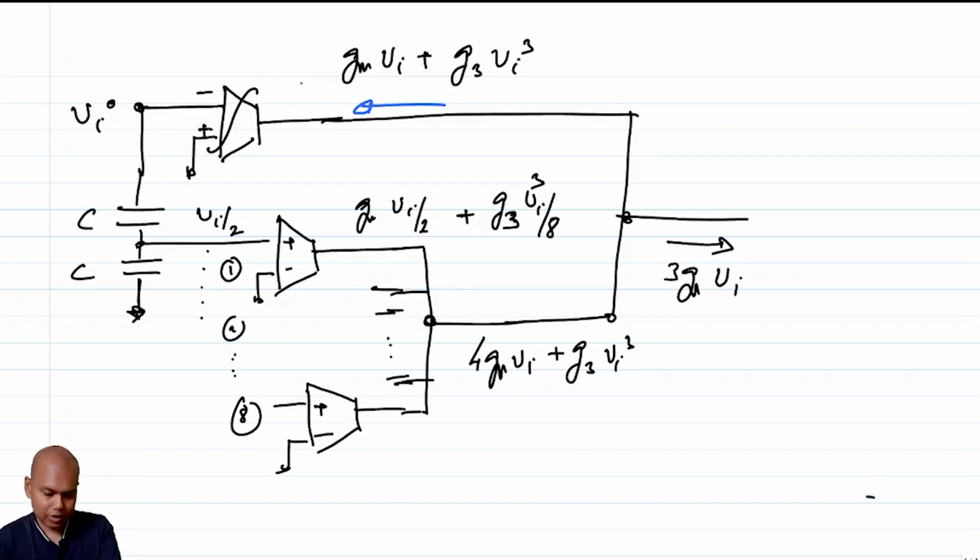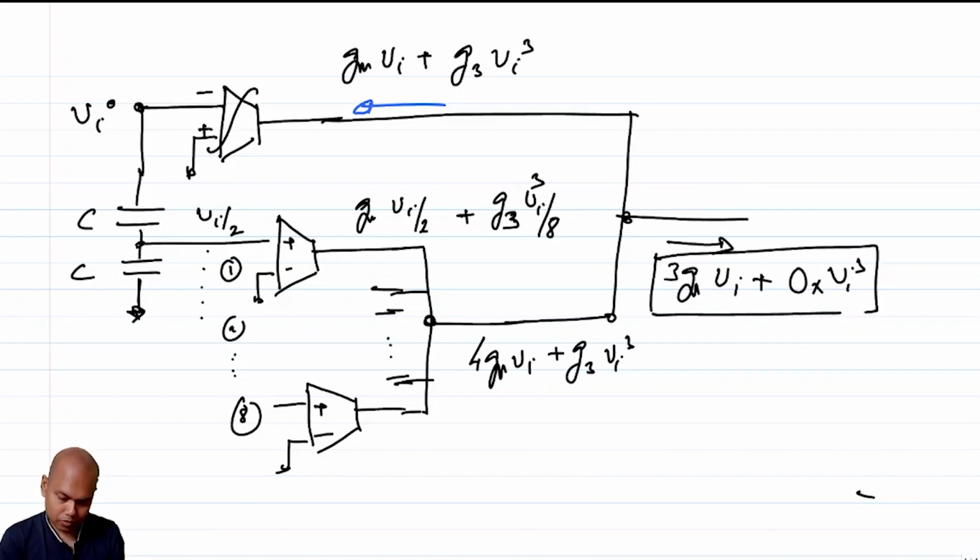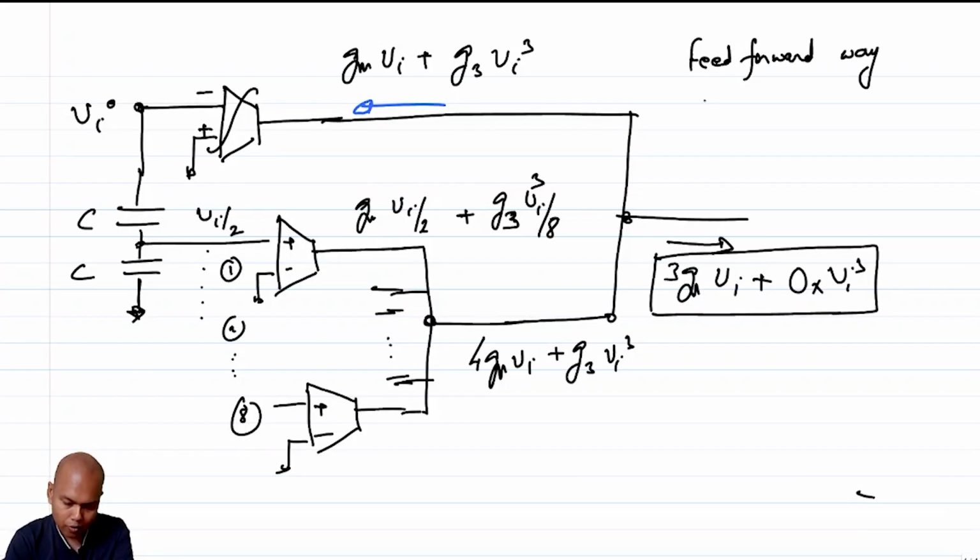So this has no distortion terms, right? 0 times Vi cube. No third order distortion term, right? So this is basically a technique which is cancelling distortion by a feed forward way of cancelling distortion.